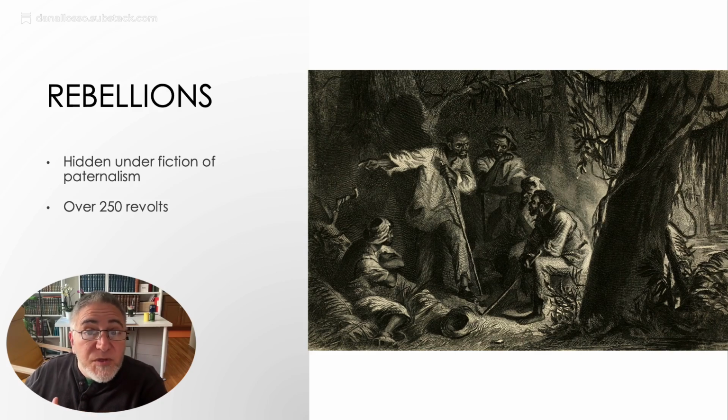Although Southern society tried to hide slave resistance under this fiction of paternalism, which described how happy the slaves were and how much better off they actually were, historians have documented over 250 revolts or plots involving 10 or more slaves, just in North America.